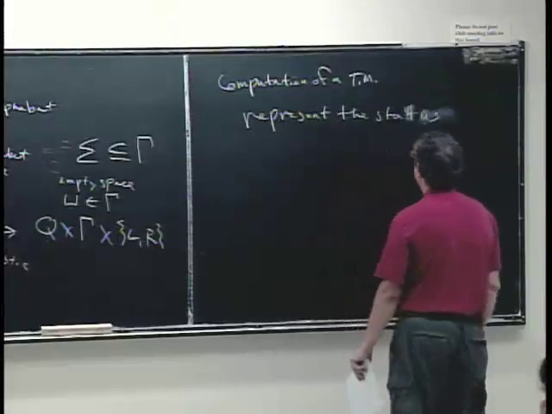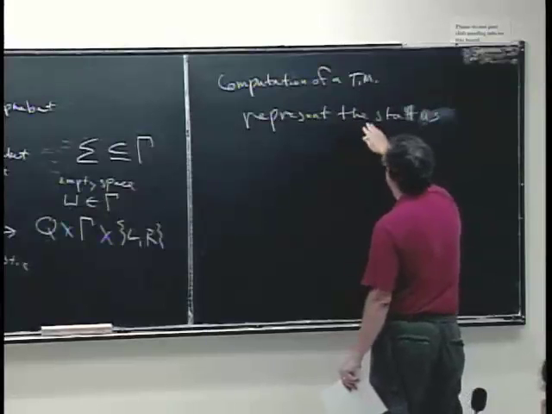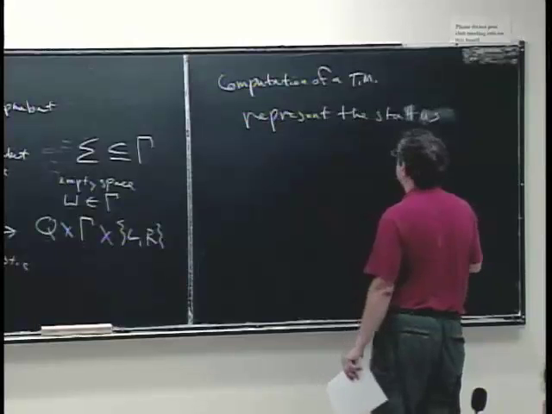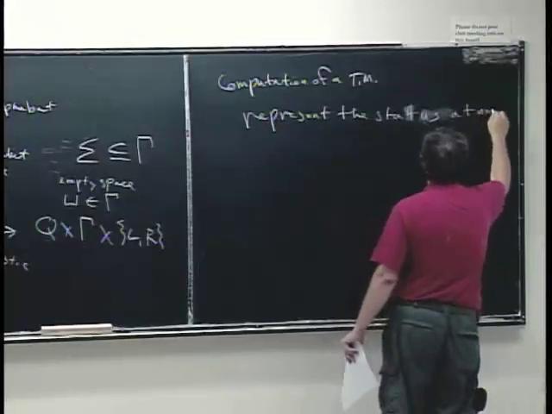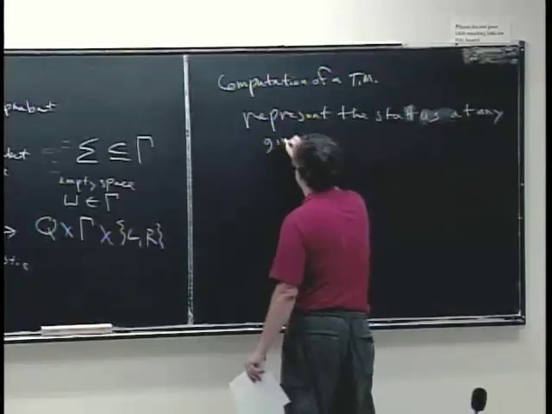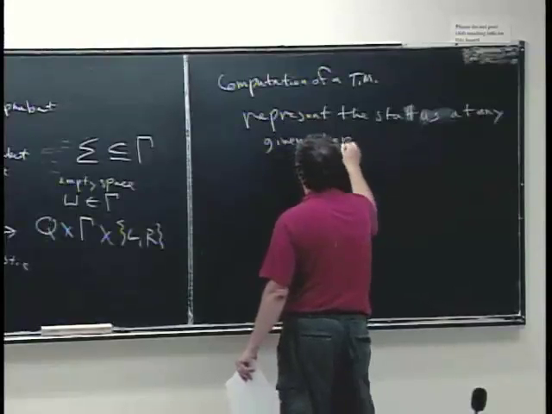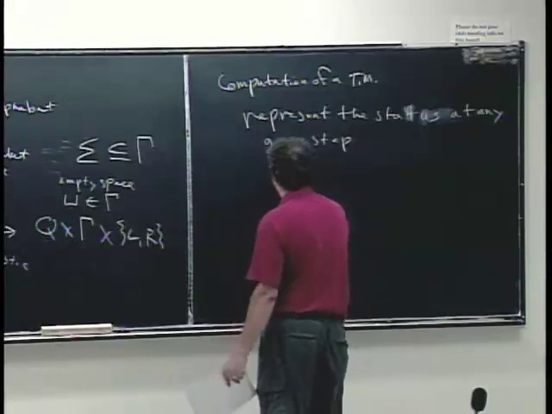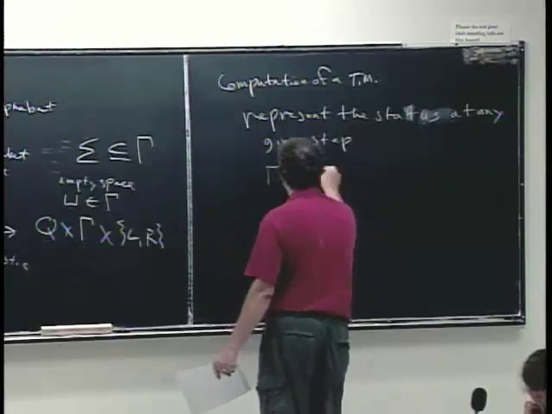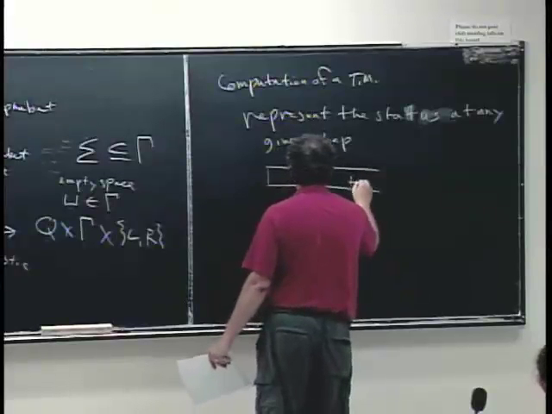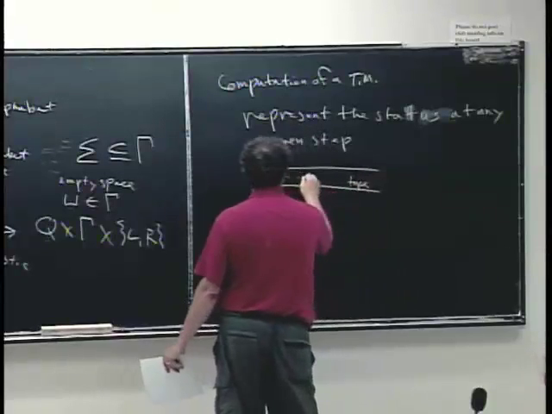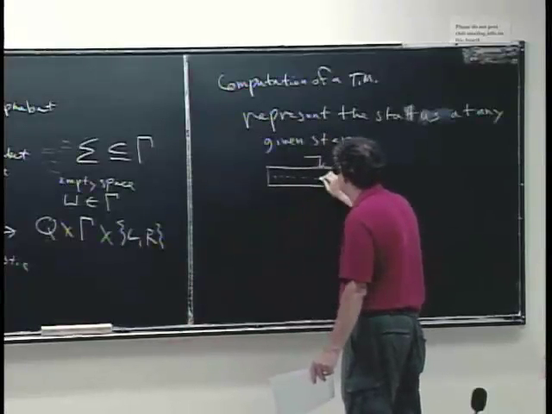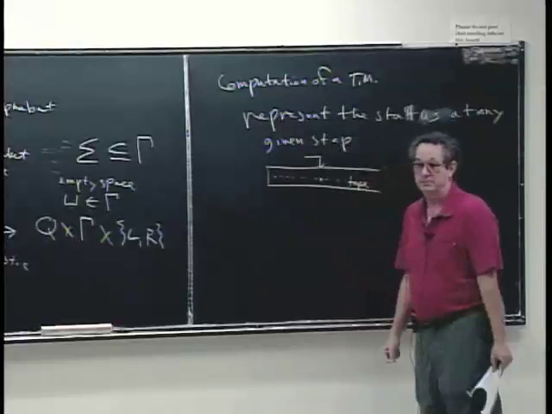Okay. So we want to represent the status of the Turing machine, of the computation of the Turing machine at a given moment, or given step. And it's done this way. We know that there's something on the tape. Okay, so here's the tape, and there are various things written on the tape. And we know that the read head is somewhere looking at some symbol.